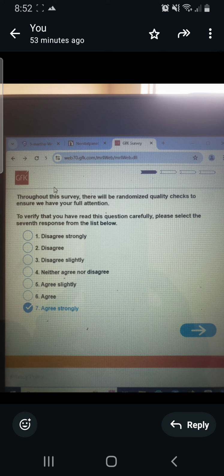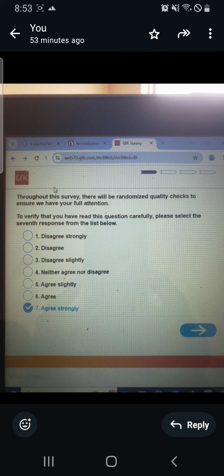So the most obvious quality control questions actually come in very different ways. Since I was planning to make a video about this, from the surveys I did today, these are the various kinds of quality control questions that I saw. These are the obvious ones.